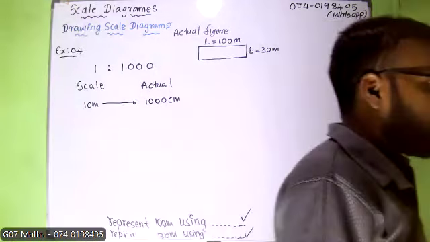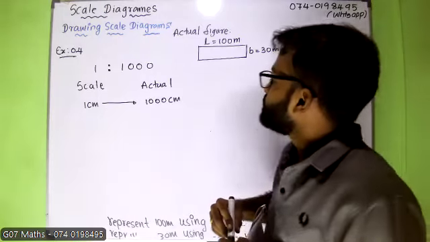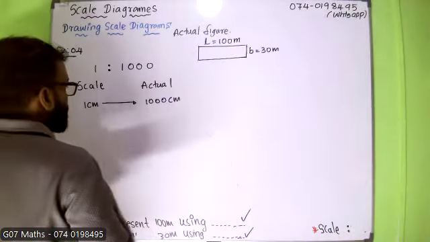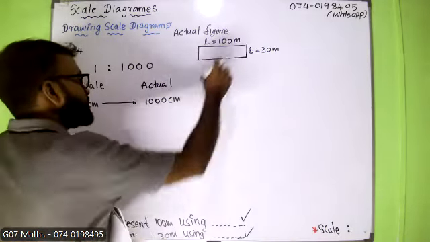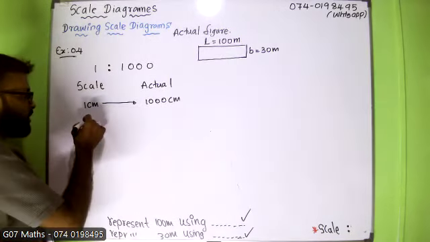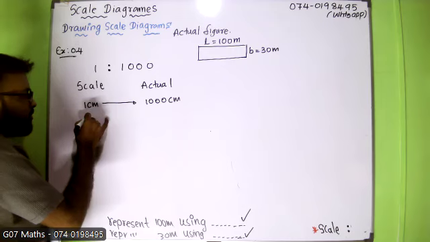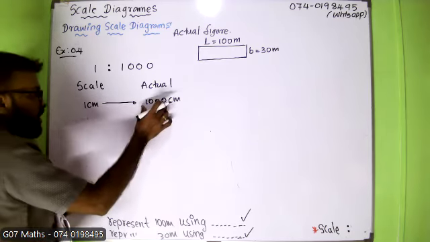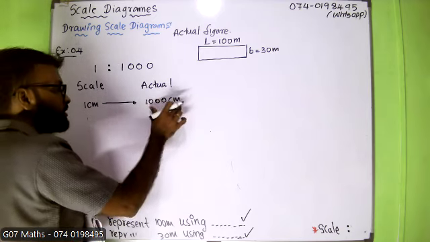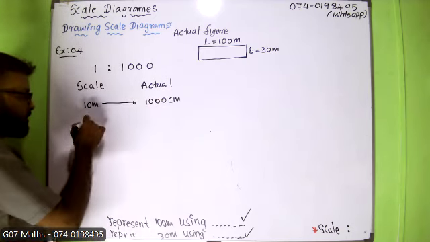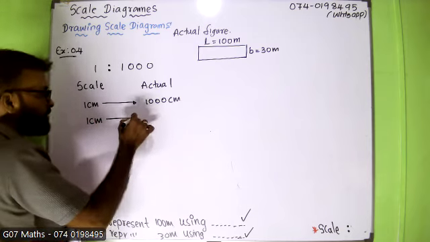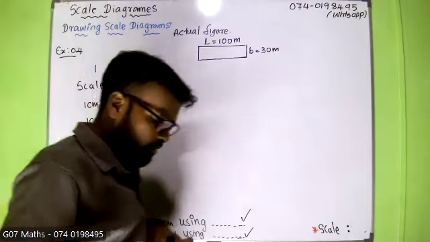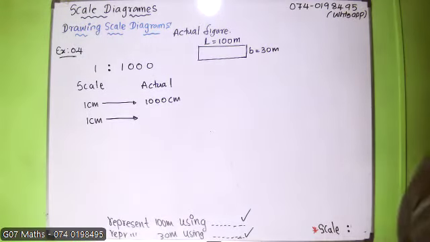Correct? What does it mean? These are in meters. So I am going to convert this 1000 centimeters into meters, like previously I did.